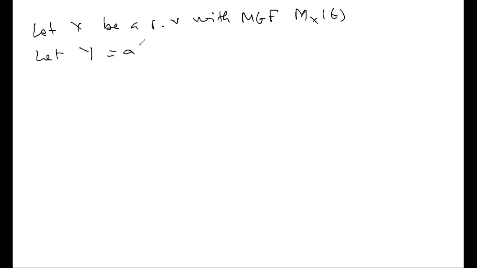So let X be a random variable with moment generating function M_X of t. But Y equals aX plus b. This is a linear transformation of X. What is the moment generating function of Y?